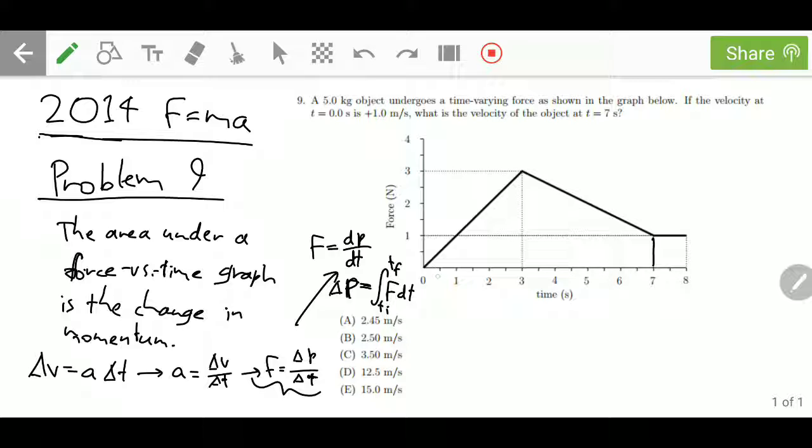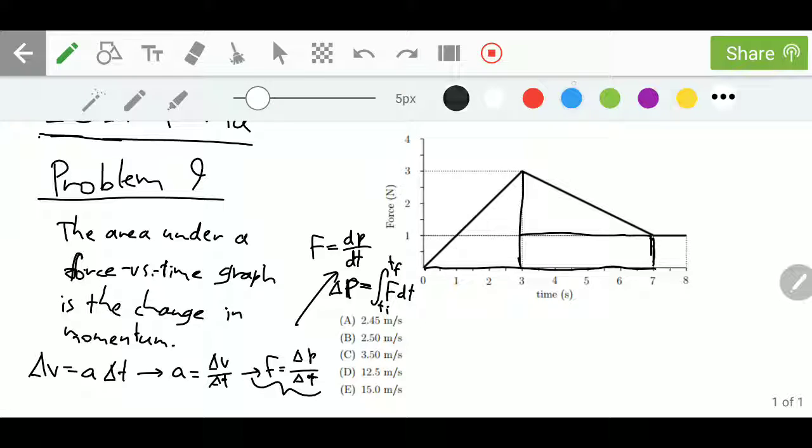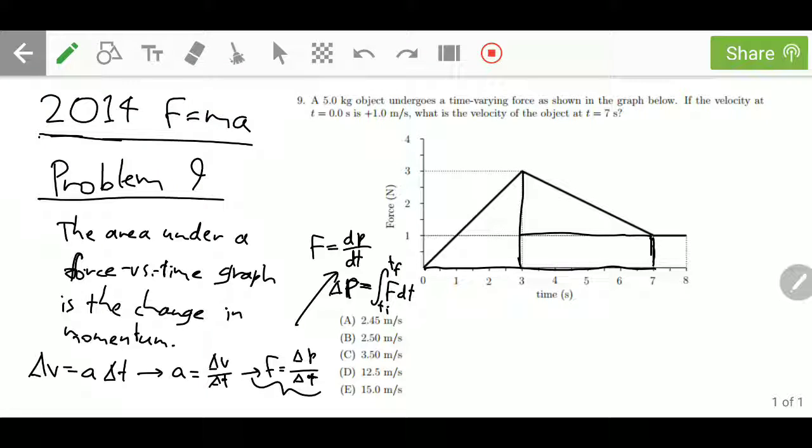So really what we want is this. I'm going to split it up into 3 regions that are easy to handle. This triangle, this rectangle, and this. There are 2 triangles and a rectangle. So here this triangle has a base of 3.